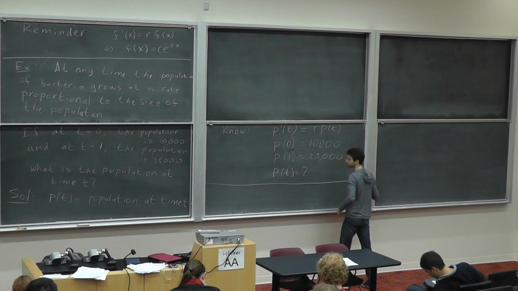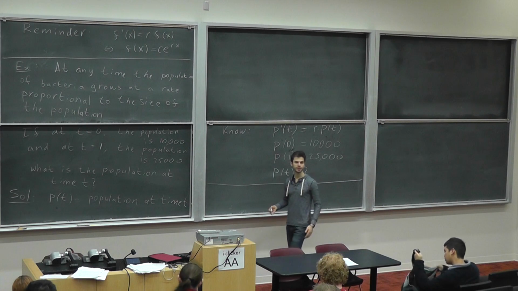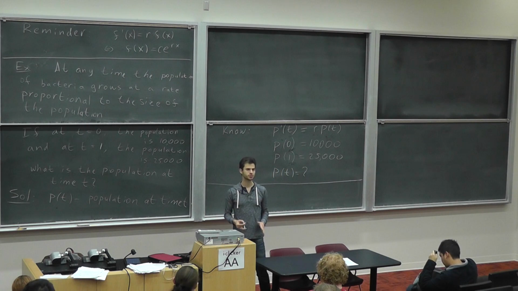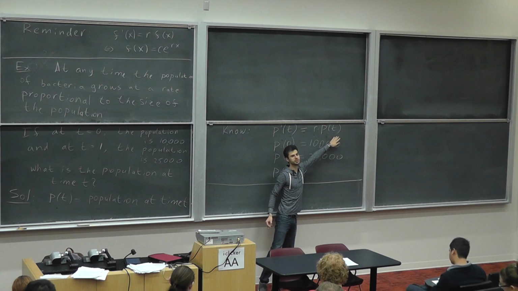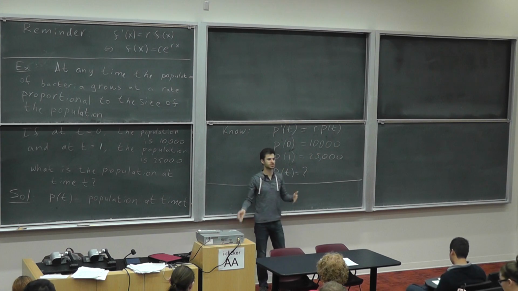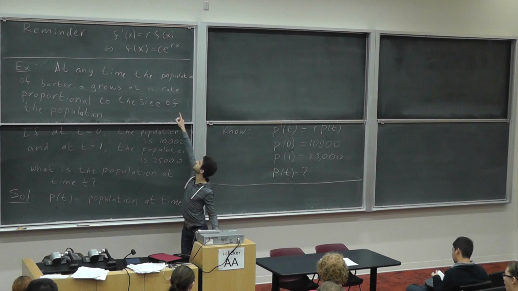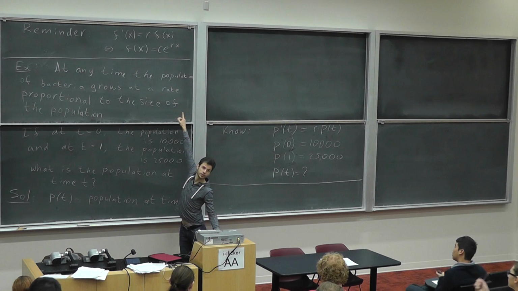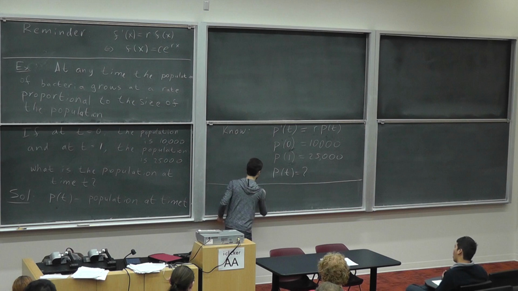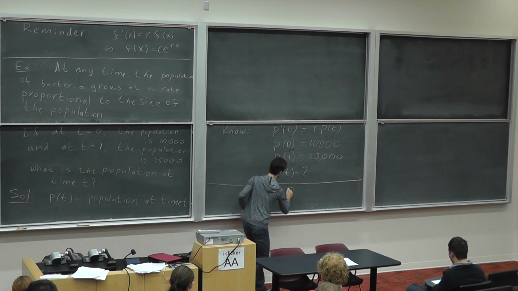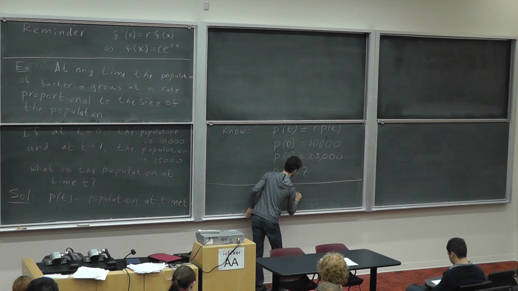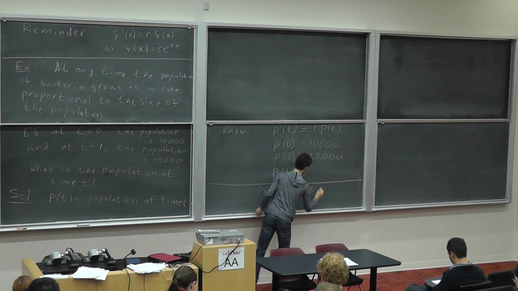Next comes the mathematical solution. Hopefully it's not a complicated problem. P prime of t is r times P of t. We know how to solve this; we discussed it at the end of last class. The population size at time t is a constant times e to the power rt.